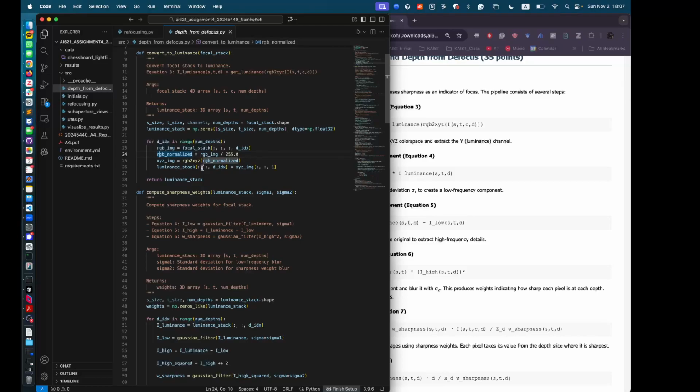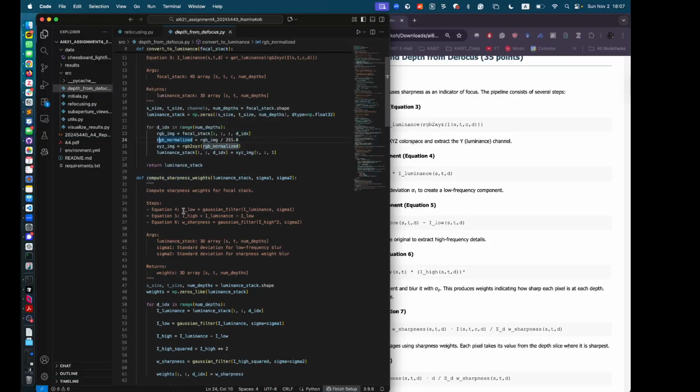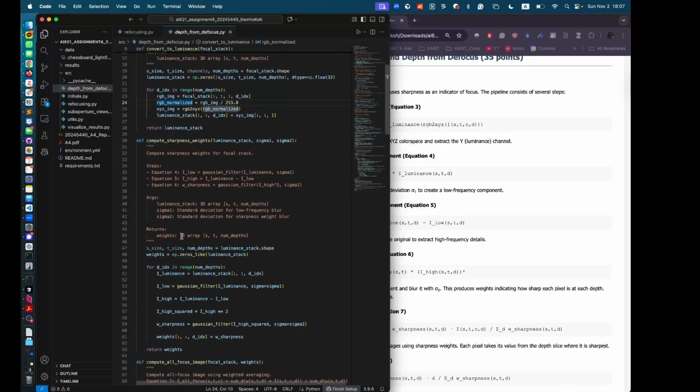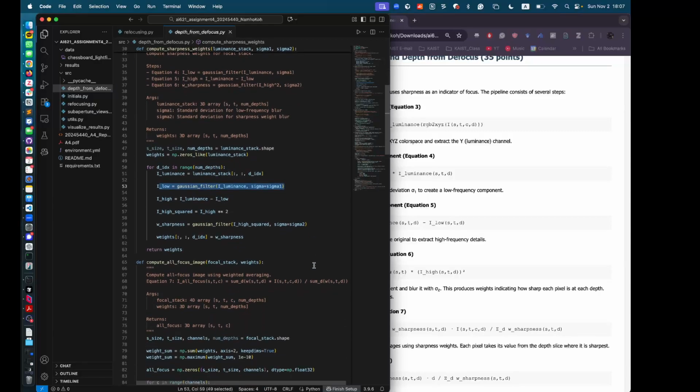And next, you have compute sharpness weights, which, starting at line 30, actually implements the core depth from defocus algorithm. So for each depth slice, we apply the Gaussian blur, which is in line 53. We apply the Gaussian blur with sigma 1 to create a low frequency component, and then we subtract this from the original to get the high frequency details.